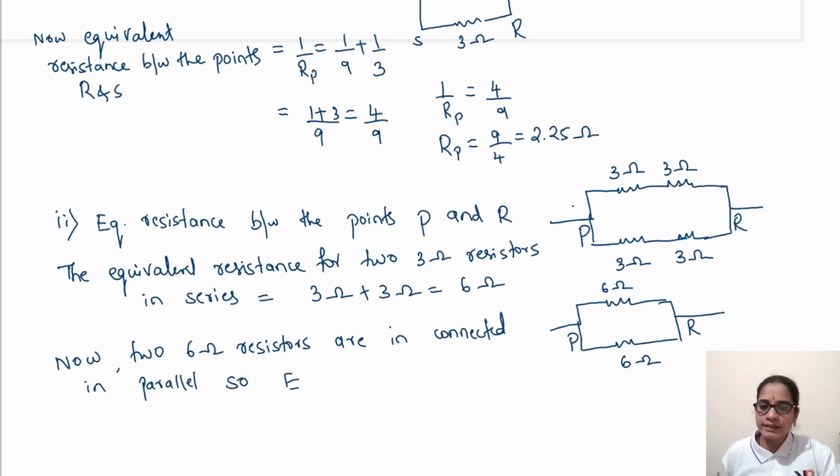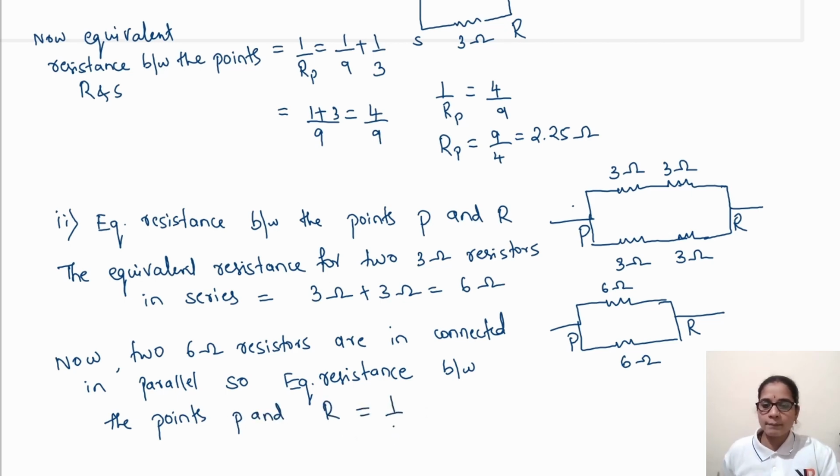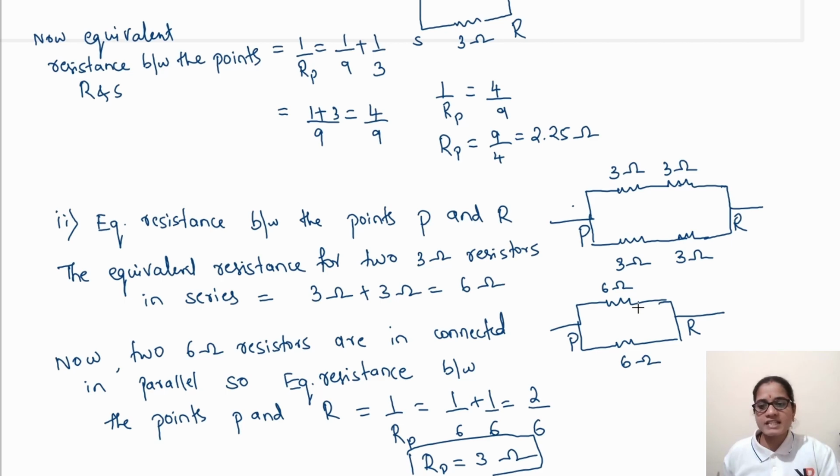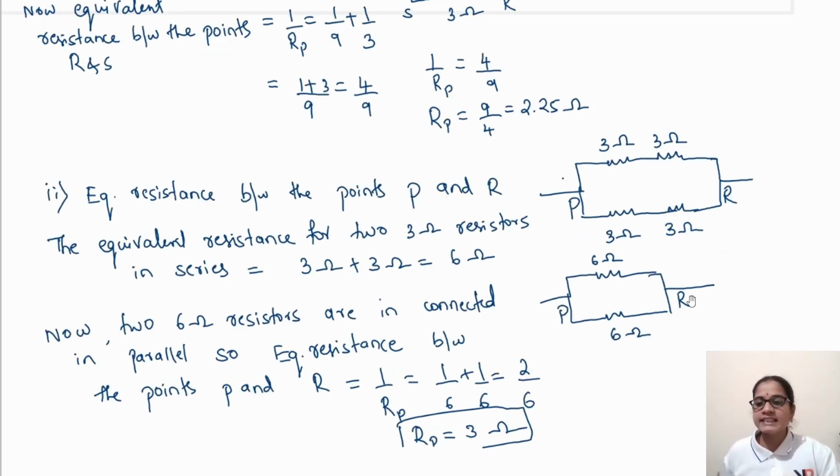So now the equivalent resistance between the points P and R: 1 by Rp is equal to 1 by 6 plus 1 by 6 is equal to 2 by 6. Rp is equal to 3 ohm. For this case, Rp is equal to 3 ohm, which means the total resistance between these 2 points is equal to 3 ohm.